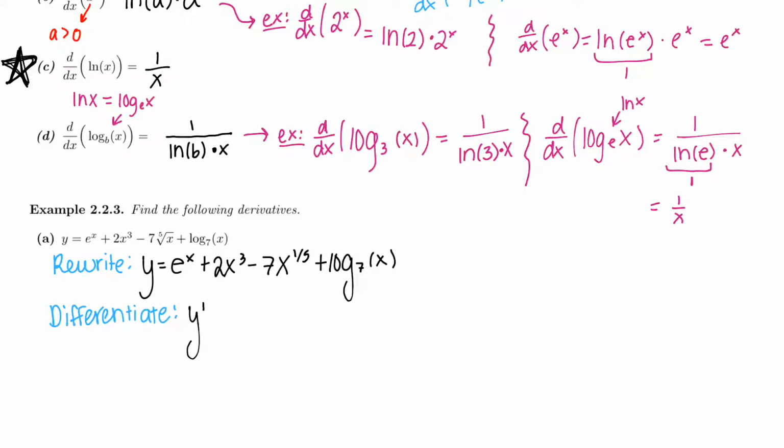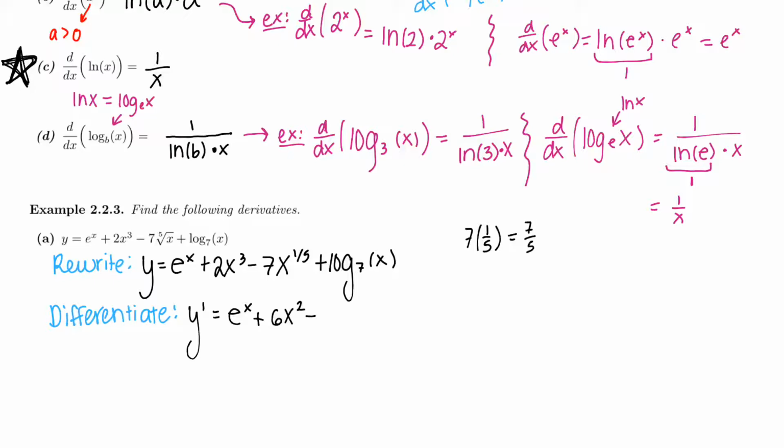So y prime is equal to, the derivative of e to the x is just e to the x. For this next part, 2x cubed, 3 times 2 is 6, and then 3 minus 1 is 2. Minus 7 times 1/5 is 7/5.